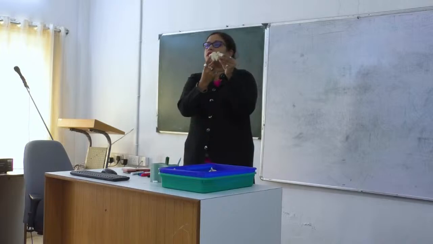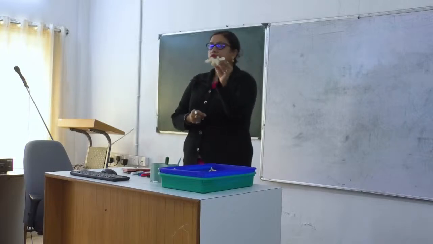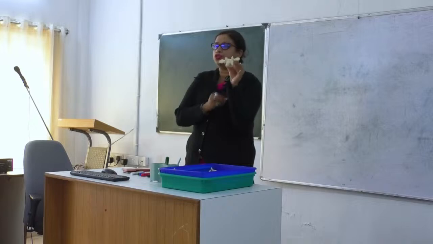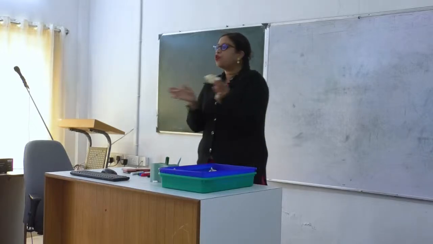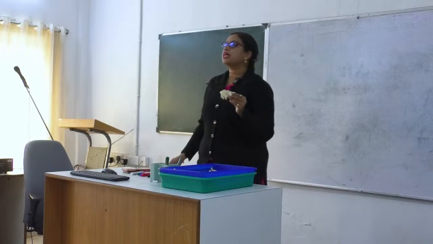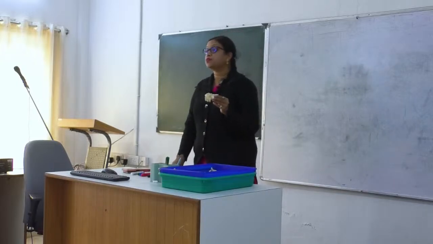Now see the transverse process more closely. On the anterior surface there is one ridge. If you go laterally, here you are getting one ridge. This is known as the anterior ridge of the transverse process. Write it down.